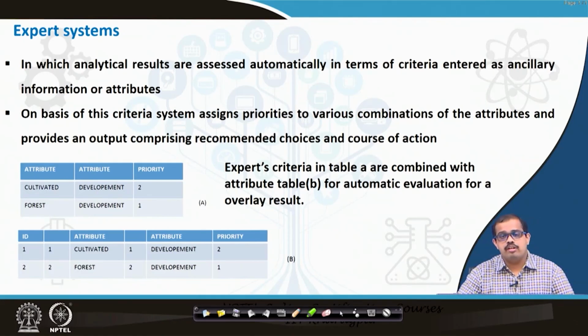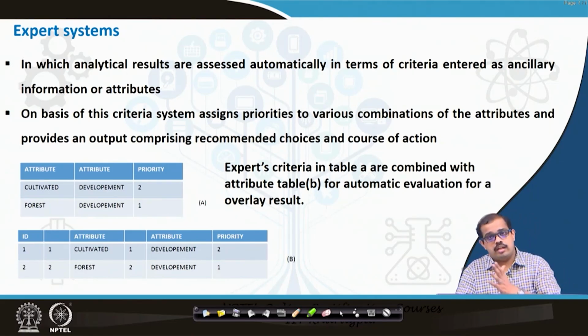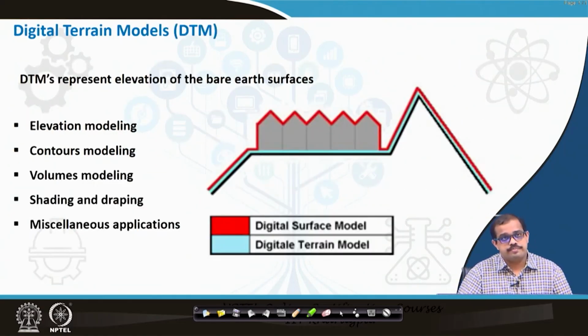Based on that value, if it is less than 0.01 or 0.1, it is normally considered analytically possible for any kind of analysis. So, this kind of expert system may be useful when you are using a huge number of variables or different entities in your analysis.